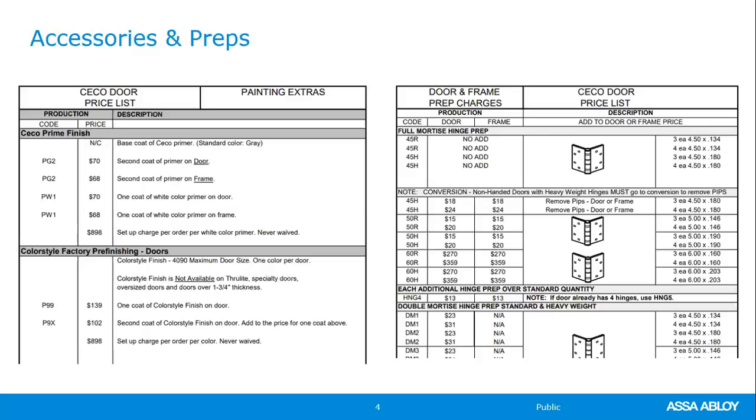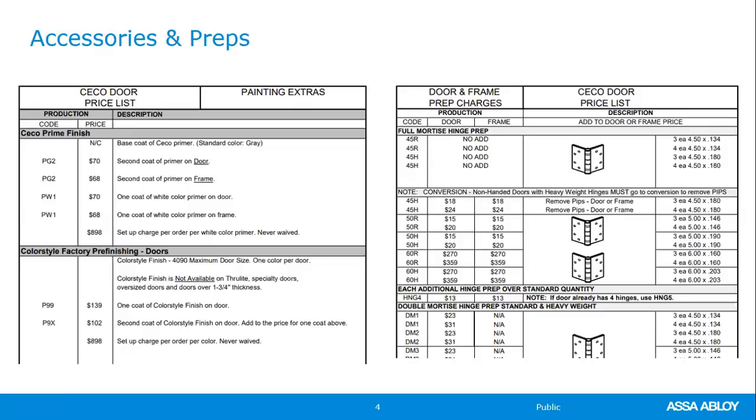Rose, would you go back? There you go. I wanted to point out to everybody, notice on the left-hand side, the setup charges. That's a one-time setup charge per the order. Setup charge per order per white color primer, never waived. I want to make sure that everybody catches that. You've got your upcharge for your painting and everything, but you also have a setup charge that's a one-time.